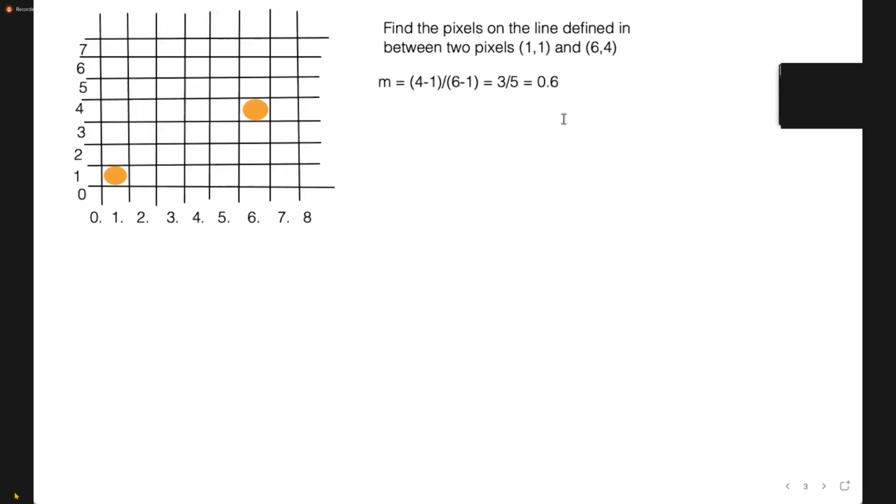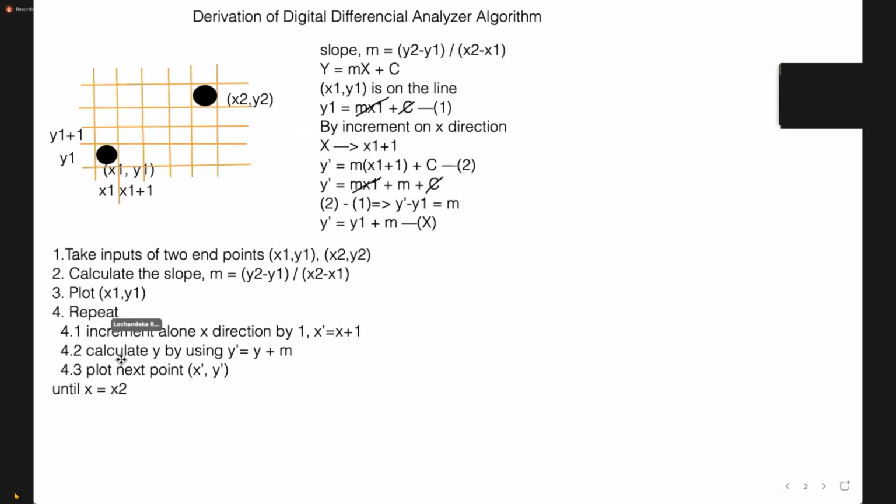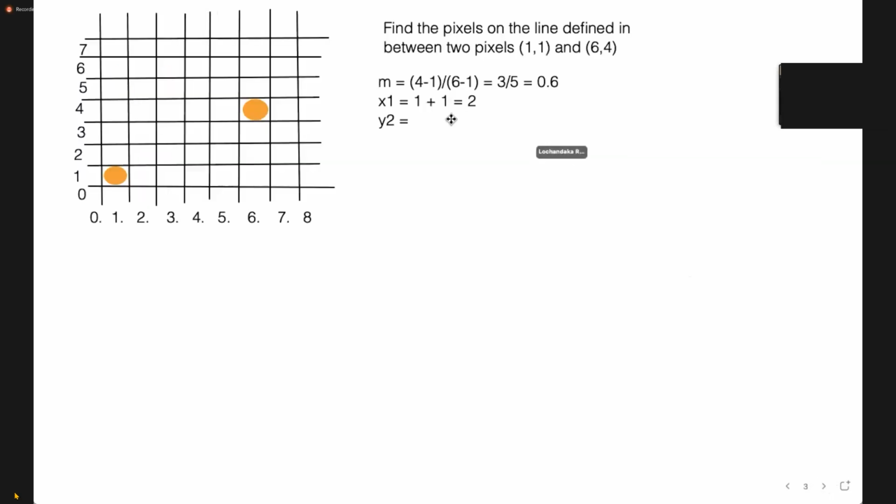Now the next point, I'll take that as x1. x1 equals 1 plus 1. Then what is y2? It says y1 or y plus m, the current y position plus m.